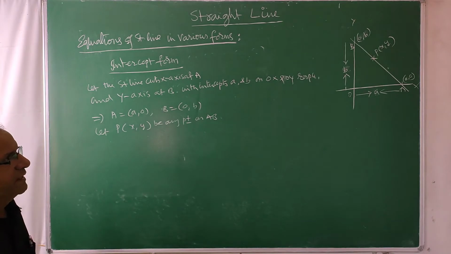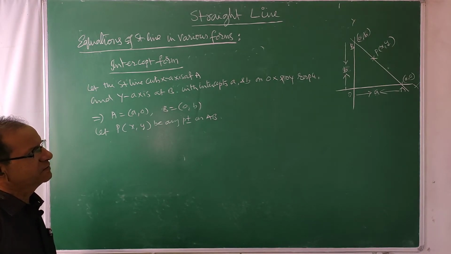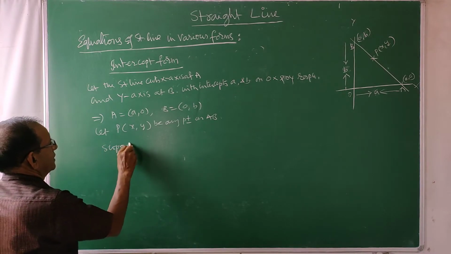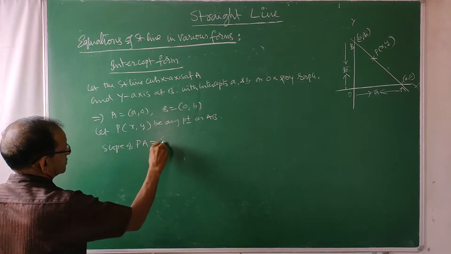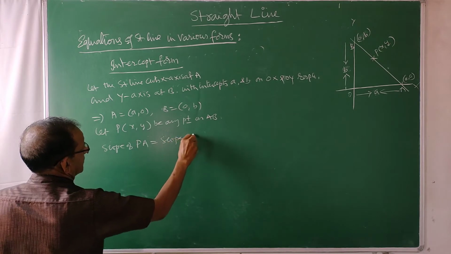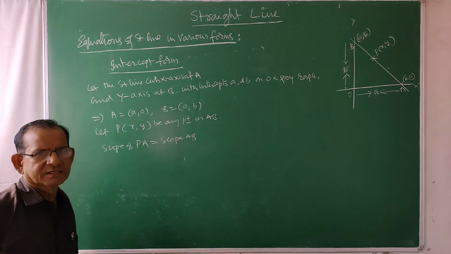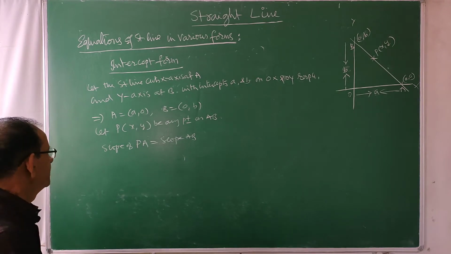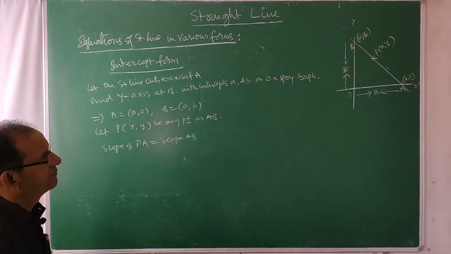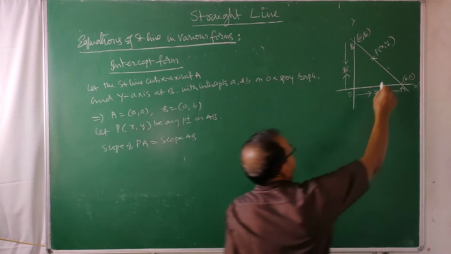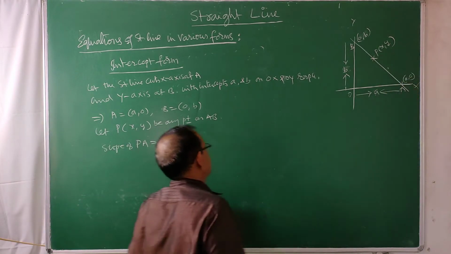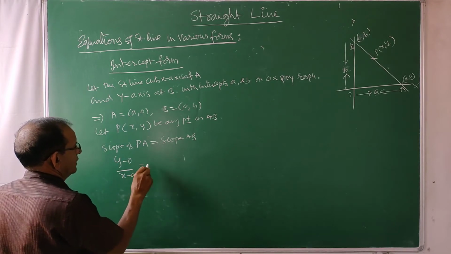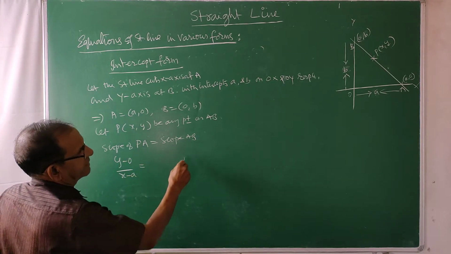Now we can write slope of AB is equal to slope of PA also, because all three points are on the same line, they will make the same angle with the x-axis, so slopes are equal. What is the slope of PA? Difference of y coordinates: (y minus 0) by (x minus a) equal to slope of AB.